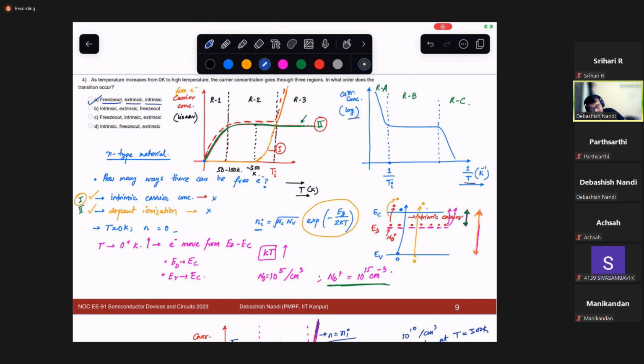So this region will be your intrinsic, this will be extrinsic, this will be freeze out. These two kinds of plots you will see interchangeably in all the books. Whatever book you open, you see either the left plot or the right plot. So you don't get surprised when you see the right hand side plot. That's why I have introduced that also.